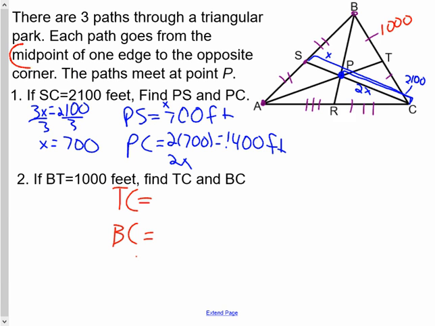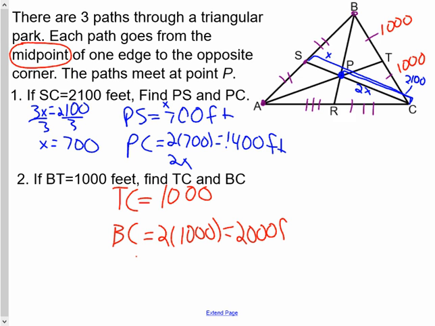If you don't remember the midpoint, you're going to be stuck. BT is 1,000, TC is also 1,000, and BC is 2 times 1,000, which is 2,000. Again, these labels are all feet. So you've got to pay attention, don't automatically start doing 2x, 3x.